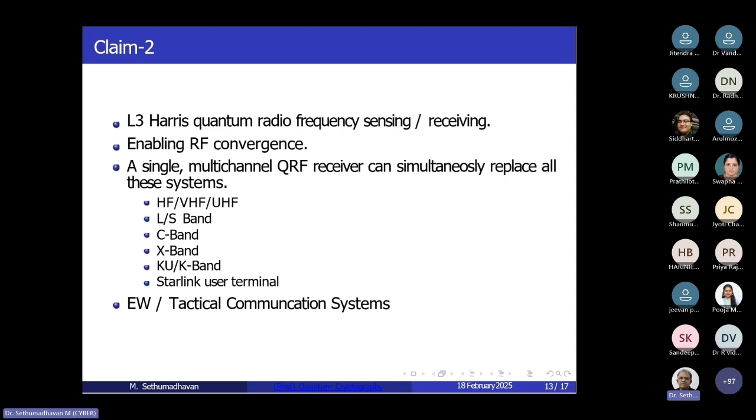Even if you look at the Starlink user terminal, you require different receivers. That is a problem. But what these people are claiming is because they are using quantum sensors, with one device they will be able to do that. So if the claim is true, then it will have a tremendous impact on electronic warfare and tactical communication systems.